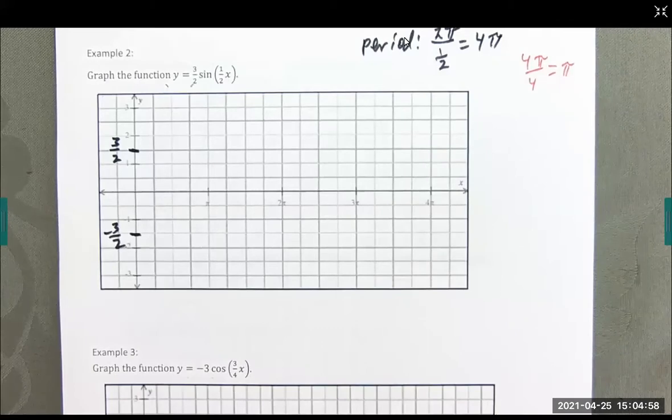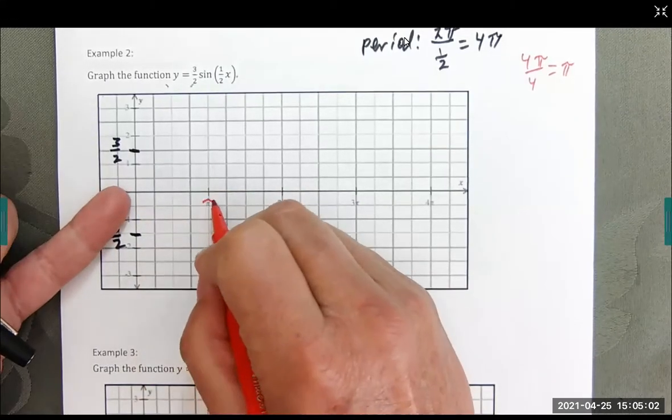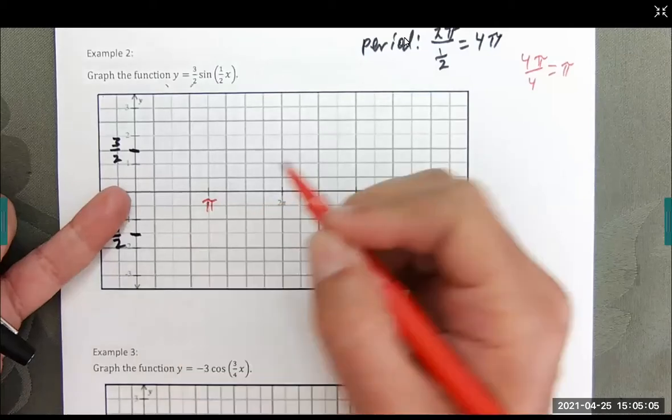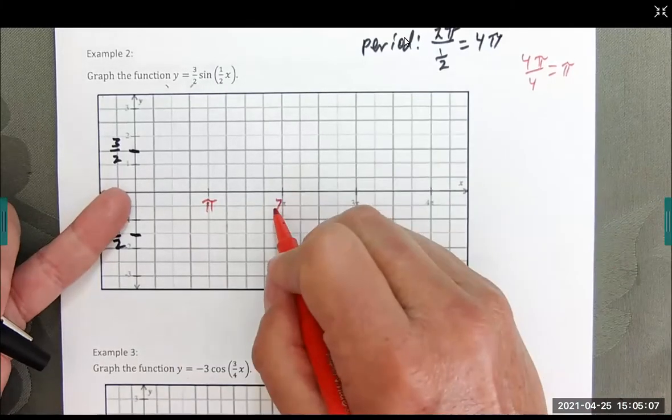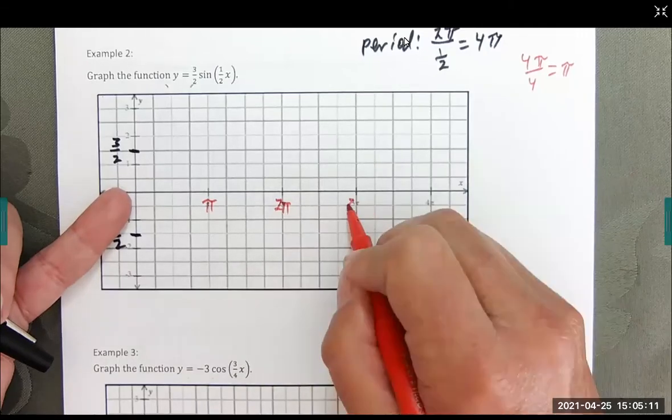So here are my critical values. So here's 0, here's pi, 2 pi, 3 pi, and 4 pi. These are my critical values.